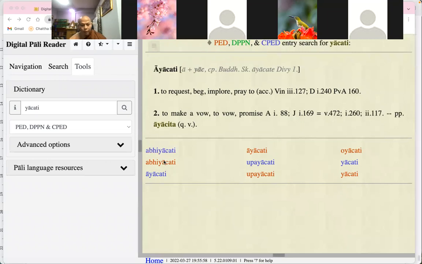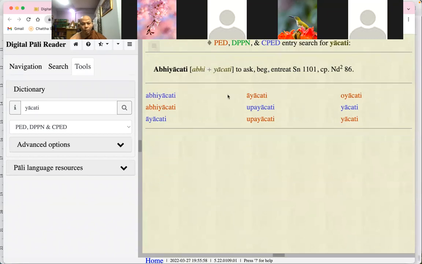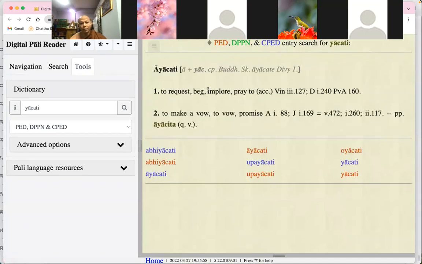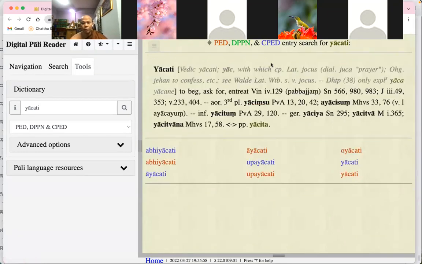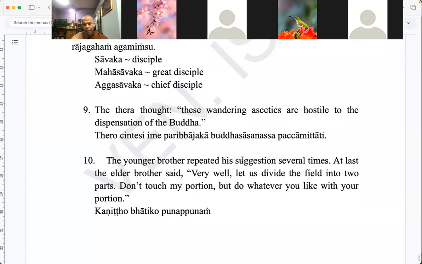Actually Ayajeti or maybe Abiyajeti also. Ask for is maybe Ayajeti, to beg or pray to. Or Yaji alone also. Beg or ask for, entreat, the same meaning actually. Request to do something or suggest to do something. So Buna Buna, repeat it, or Yaji.